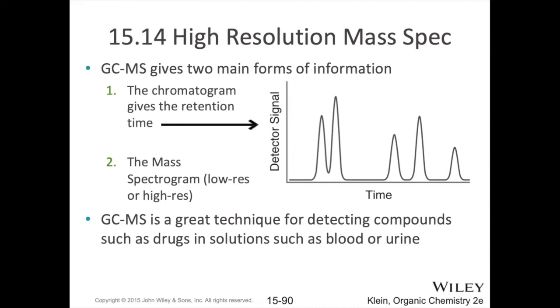And so that gives you information about what each of those individual peaks corresponds to. Okay, so in the case of Law and Order, in the forensics, when you have a mixture from a sample from a crime scene, it tells you what those individual peaks correspond to.